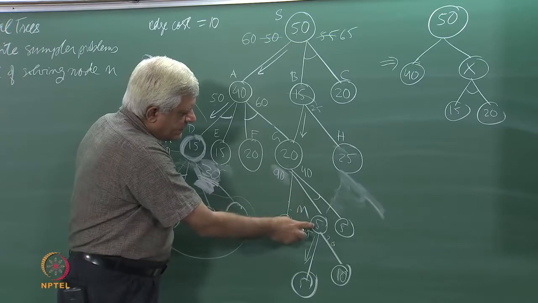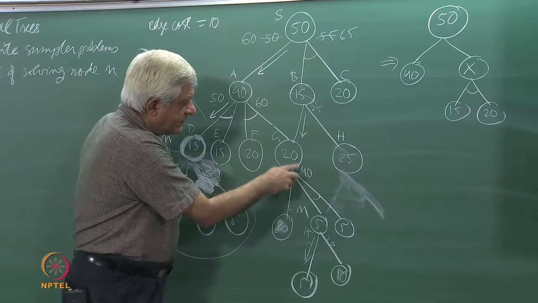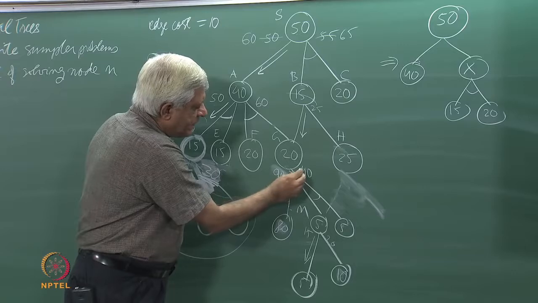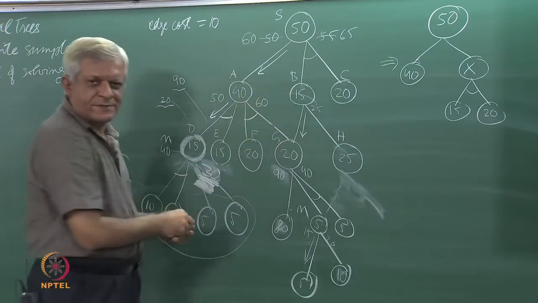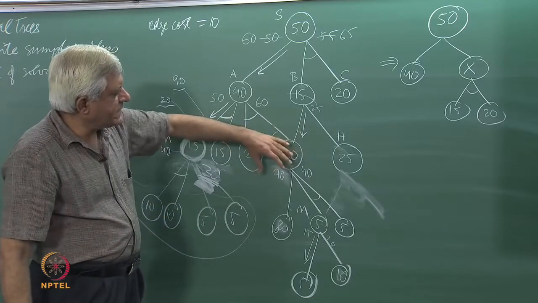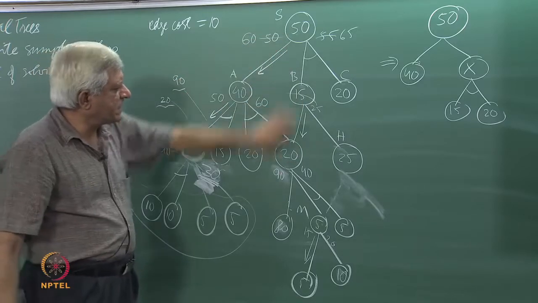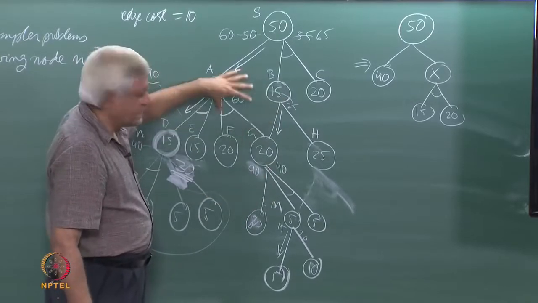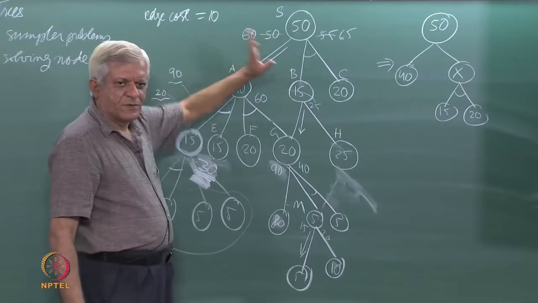Now, after I have revised this, I must revise its parent, because its parent is getting affected. It has gone from 20 to 40, and because I am revising this, I must revise both the parents. I know that the cost of this has changed, this cost must be propagated to this as well. Whether I came from this path or whether I came from this path, it does not matter. I must revise both the parents. So, the process of propagation is basically to go up to all the parents essentially.